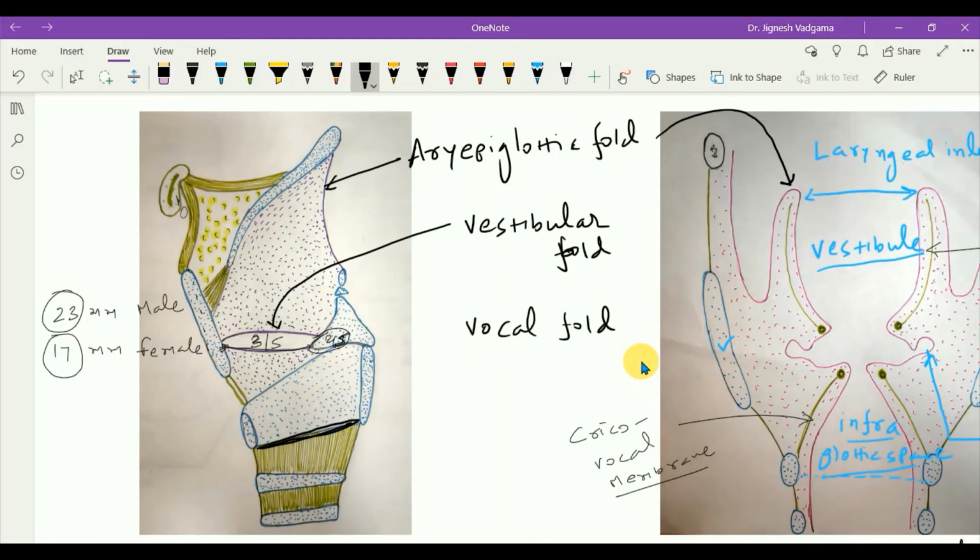So this rima glottidis will be divided into two parts: the intermembranous portion, which is the anterior 3/5 part, and the posterior 2/5 part, which is the intercartilaginous part.